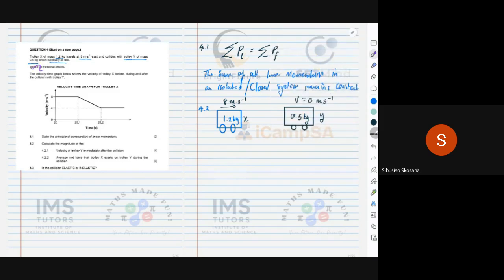Okay. Ignore all frictional effects. The velocity time graph below shows the velocity of trolley X before, during, and after collision with trolley Y. Okay. Now let's move. 4.2.1. Calculate the magnitude of the velocity of trolley Y immediately after collision.